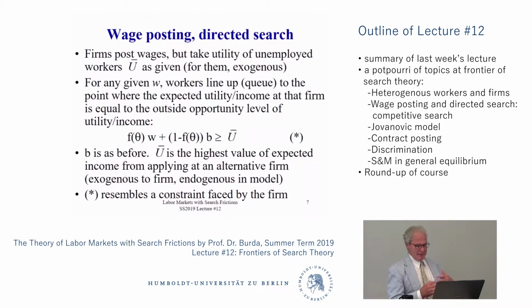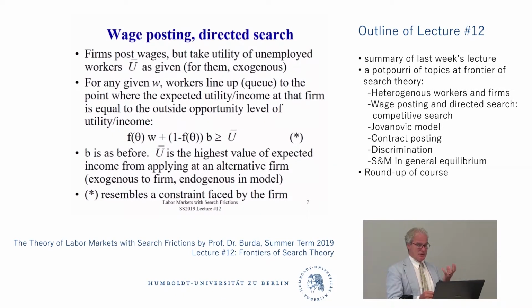And that labor market utility is a weighted function of getting the job at wage W and not getting it at unemployment income B. And the weights are exactly the rates of success in finding the job and not finding the job. So remember, F is the finding rate. I'm using the notation from Pissarides. If you read the Rogerson, Wright, and Shimer article, they use a slightly different notation, but it's the same thing, okay?